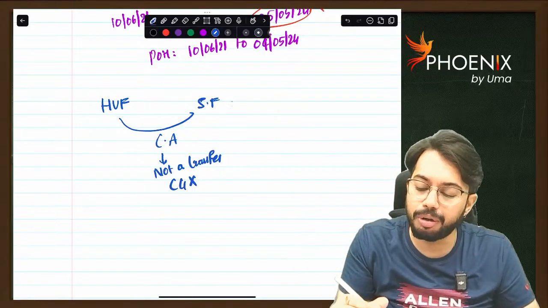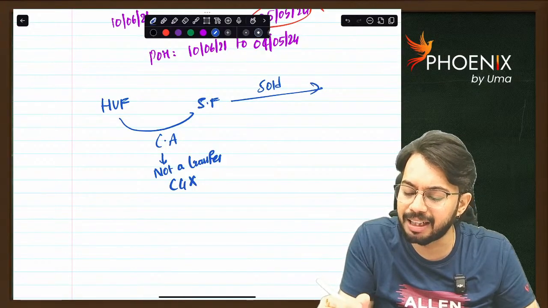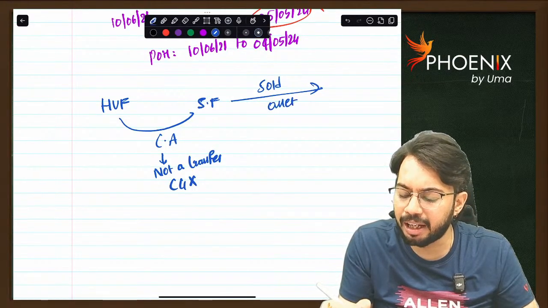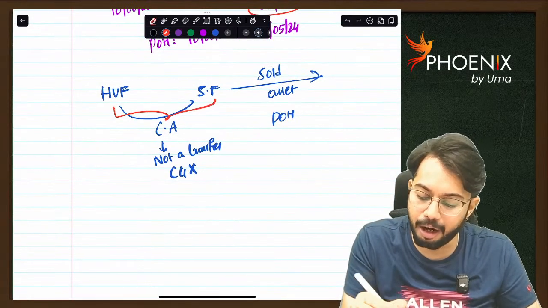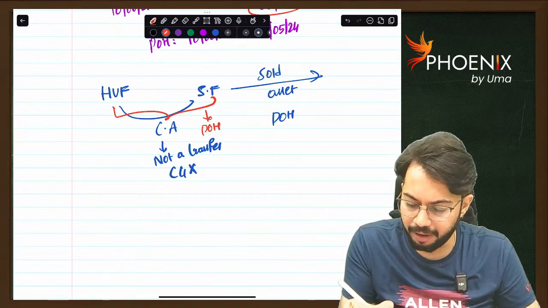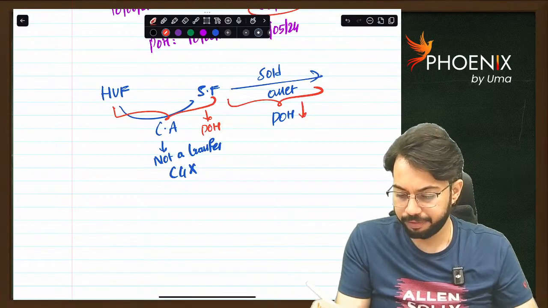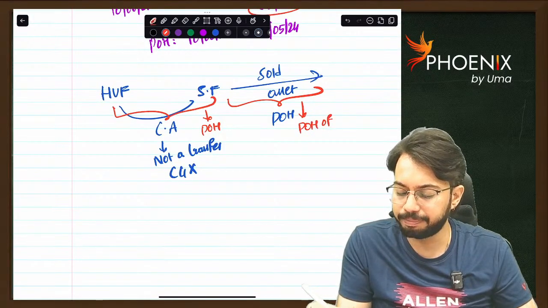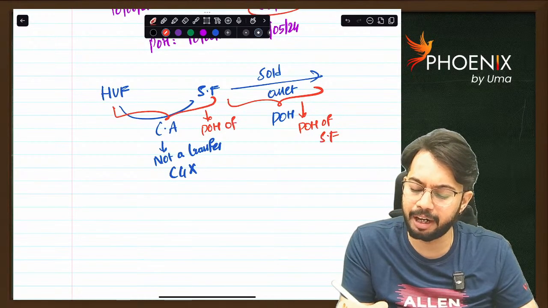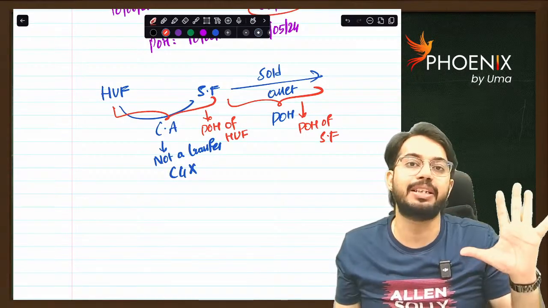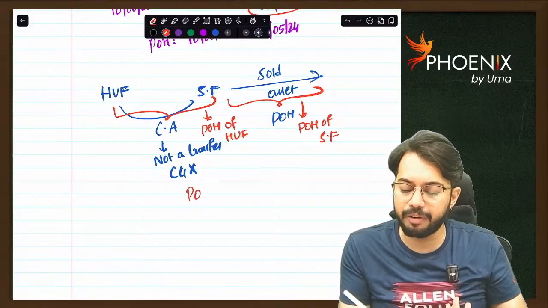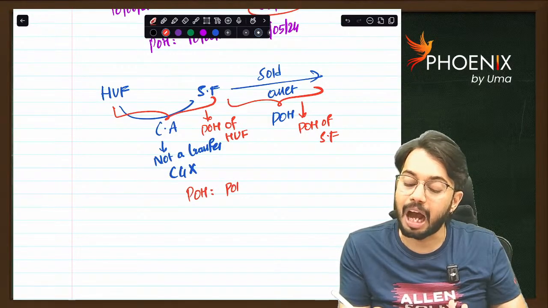Now, tomorrow, small family sold asset. Now they are required to calculate period of holding, right? So at that time, period of holding means period of holding of Hindu undivided family and period of holding of small family. Okay, period of holding of Hindu undivided family plus period of holding of small family. So in these five cases, period of holding is equal to period of holding of current owner.